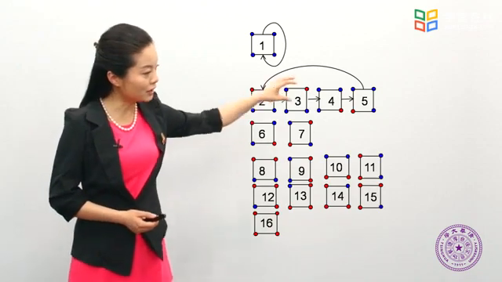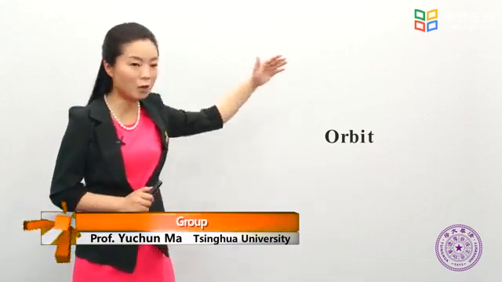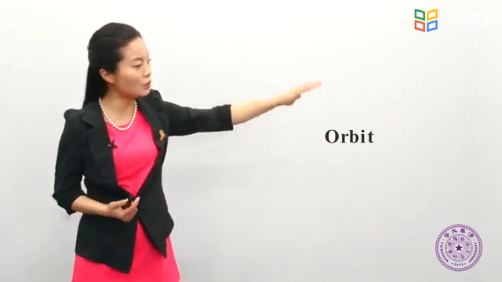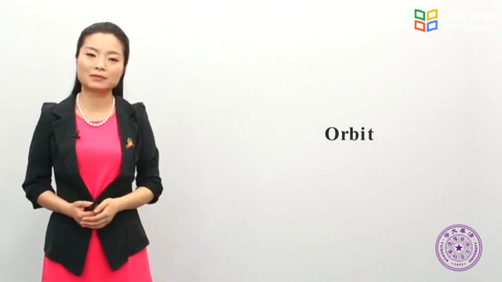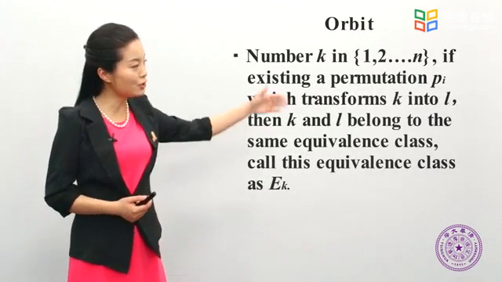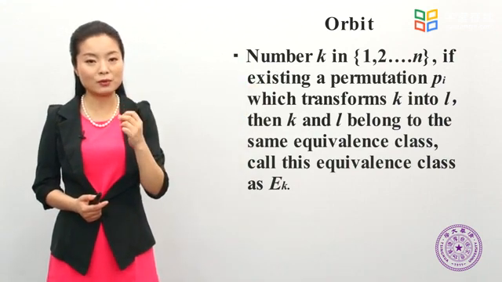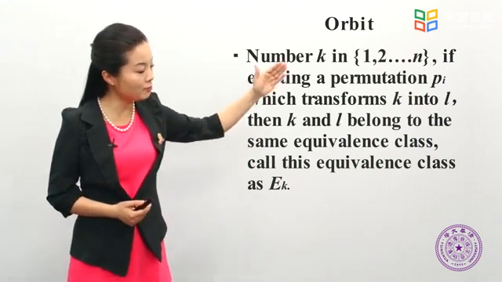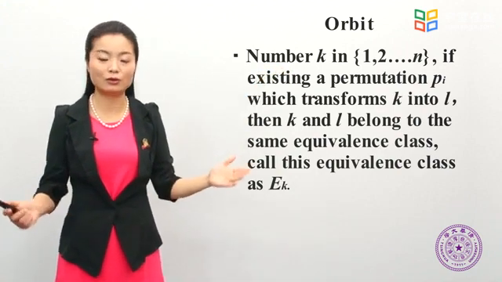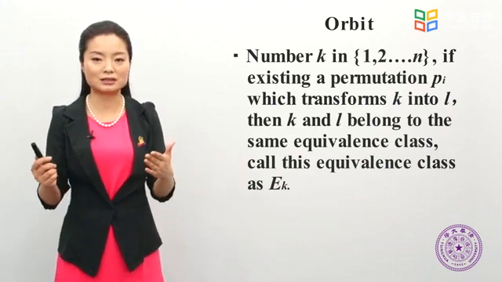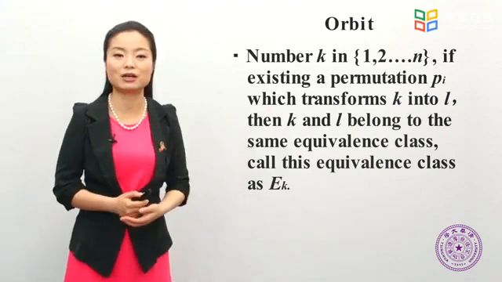Therefore, to be more vivid, an equivalence class in English is known as an orbit. It is just like a track passed through by permutations. For elements 1, 2, 3 up to n, take k in n. If there exists any permutation that transforms k into L, then k and L belong to the same equivalence class. The equivalence class corresponding to k is represented by EK.